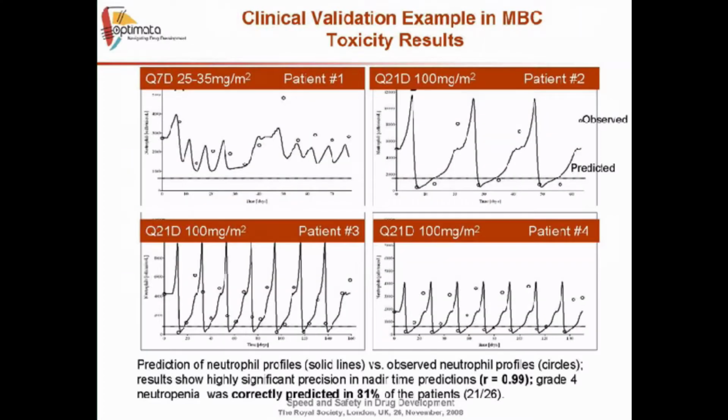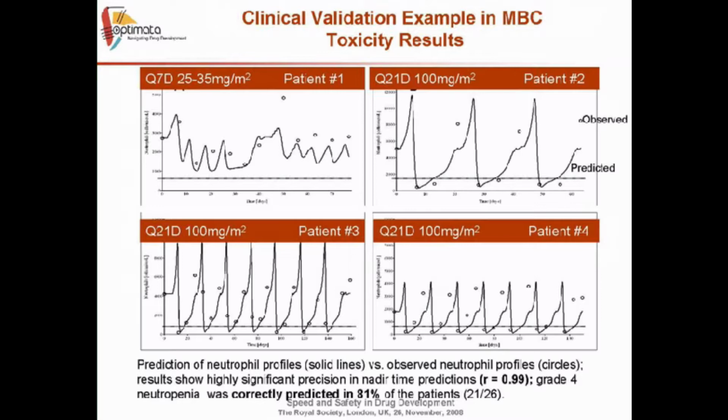It's a different patient population. You can see here 4 plates of 4 patients. The observed neutrophil count is presented in circles, whereas the lines present our prediction.